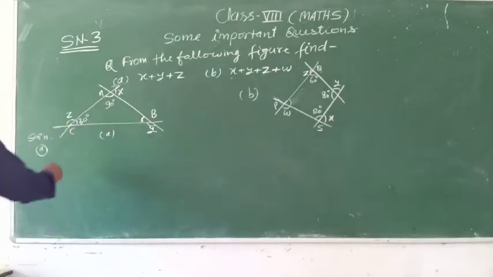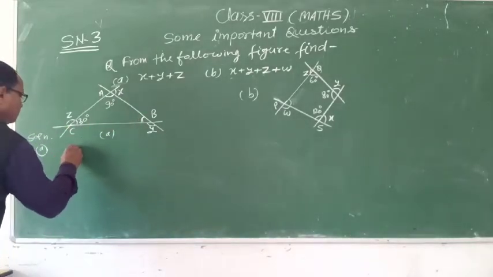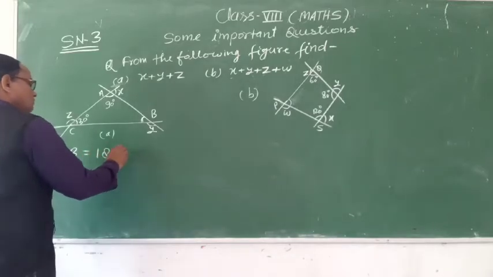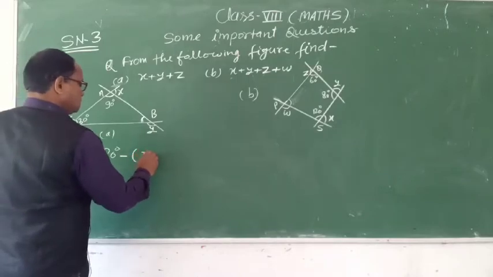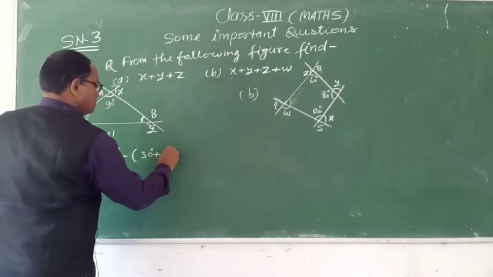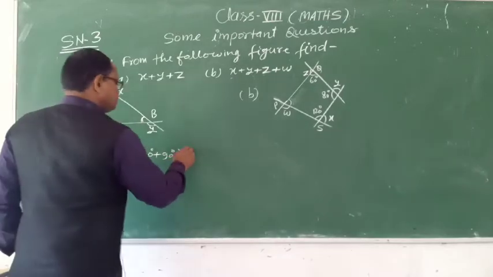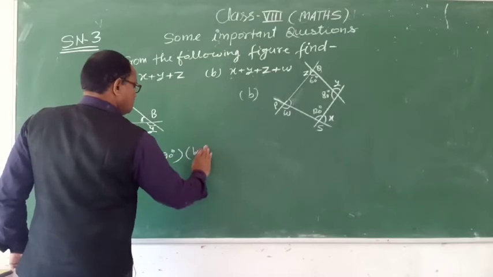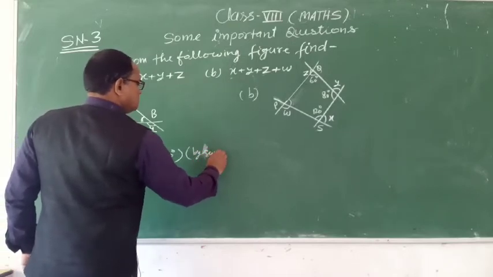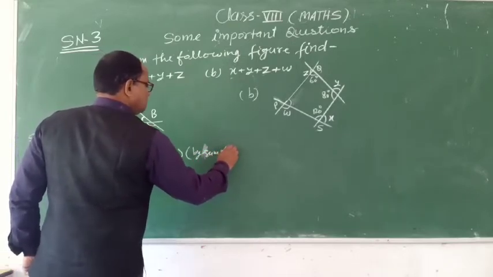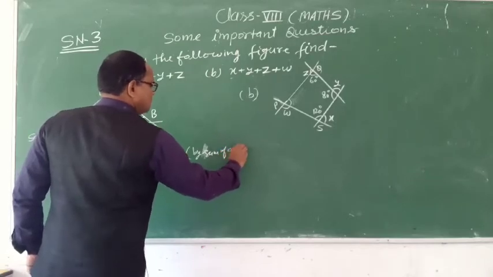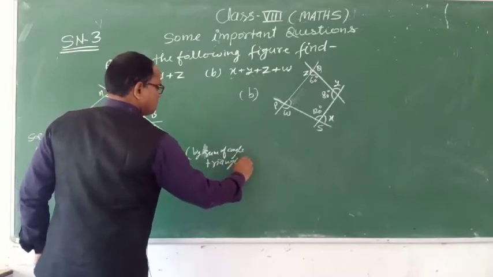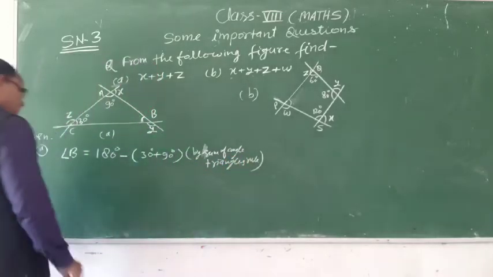Then we can write angle B is equal to 180 degrees minus (30 plus 90) degrees, by the triangle angle sum rule.